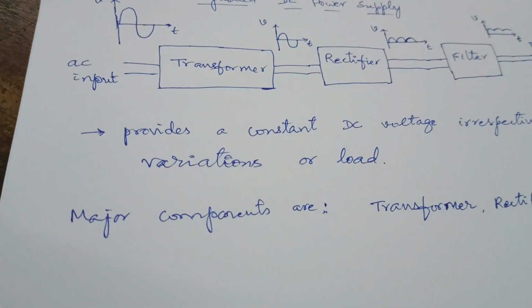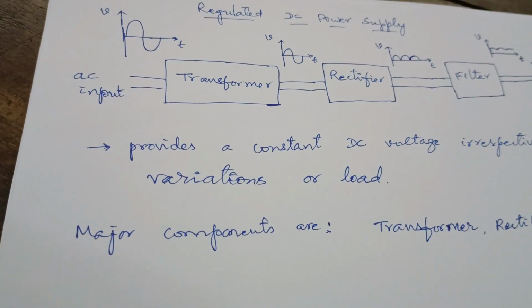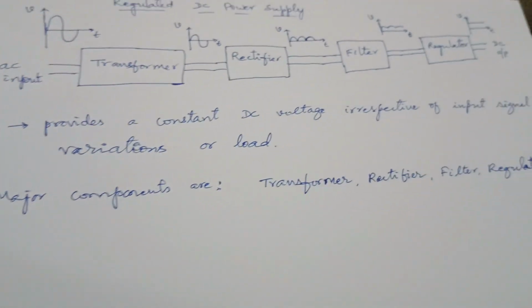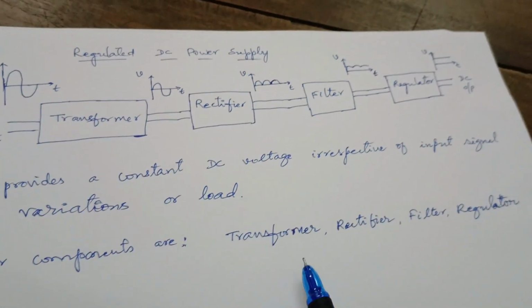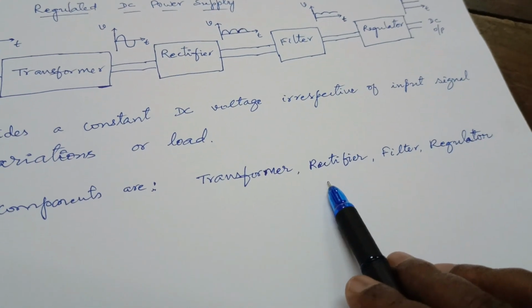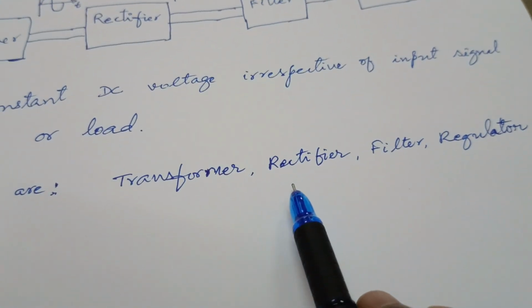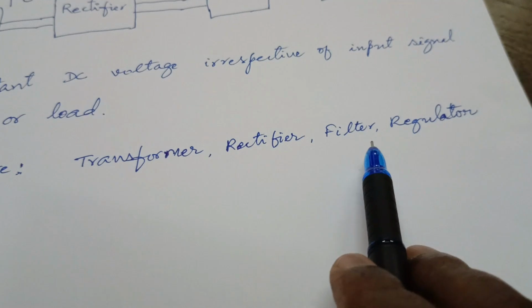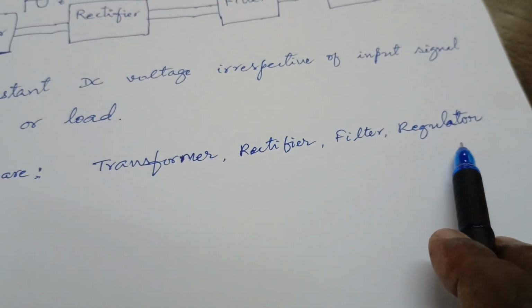So the major components of this regulated DC power supply are transformer, rectifier, filter and regulator.